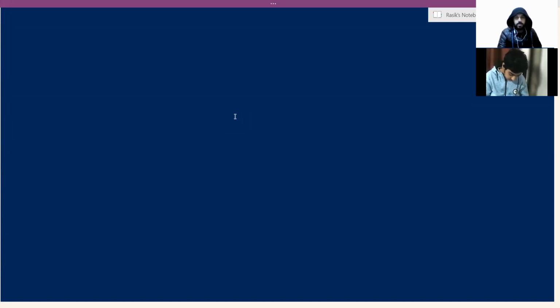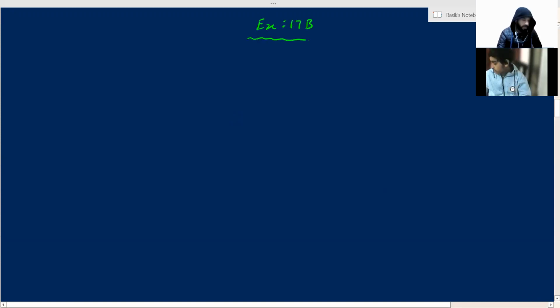We are on exercise 17B, and we have to do question number 5. Yesterday we were about to do this question, but there was no time. So we left it for today, and we are going to do it now.